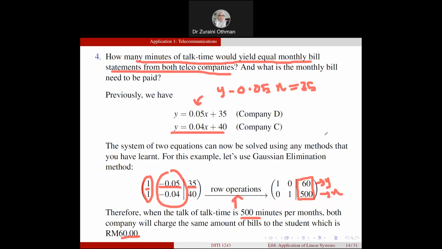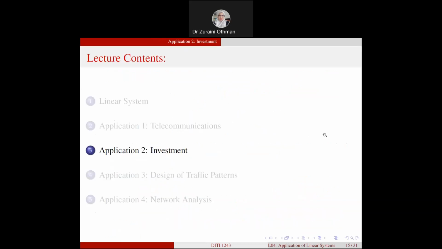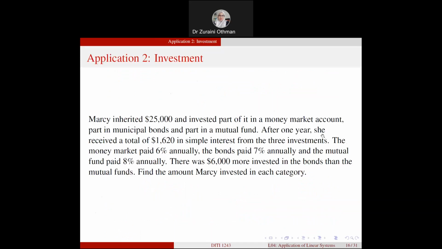Okay, now we go for application number 2, investment. It also involves matrix. Okay, this is the case which is Mercy inherited 25,000 and invested part of its money market.